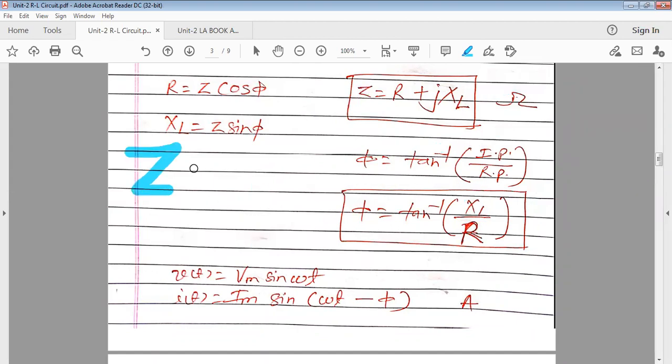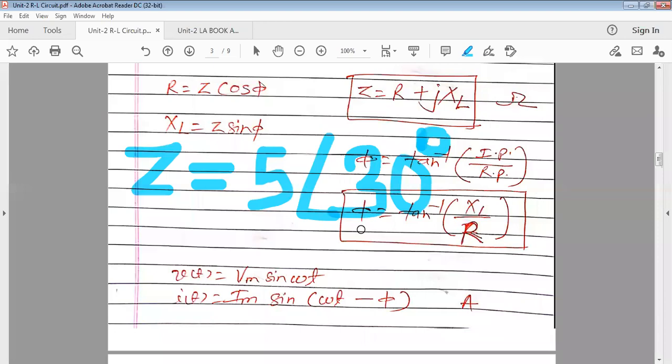So if Z is given to you in polar form, suppose Z at an angle of 30 degree, which circuit is it? Is the angle 90 degree? What is phi in polar form? See, Z is given to you at an angle of 30 degree.